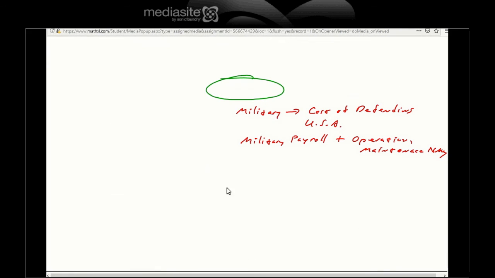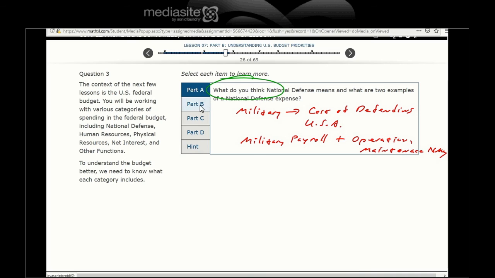So again, do some internet searching to get a definition for national defense, a definition of what you think human resources means, and 2 examples in the budget, physical resources, and national debt, net interest.